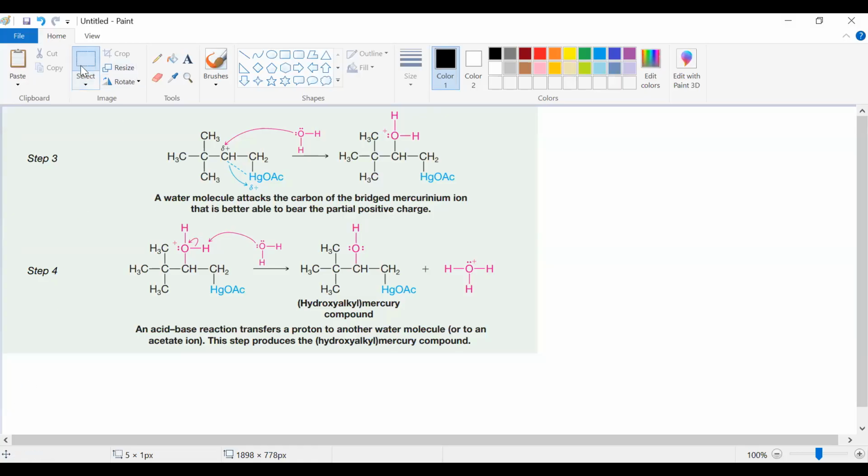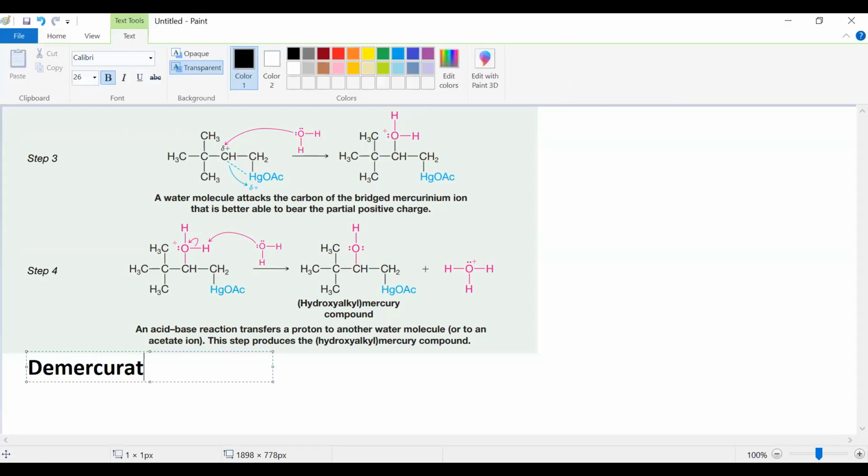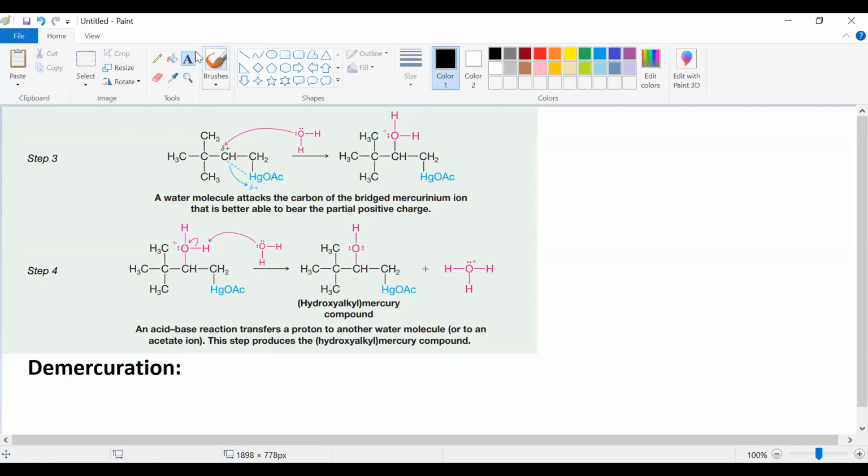Step 5 for demercuration should be this one.